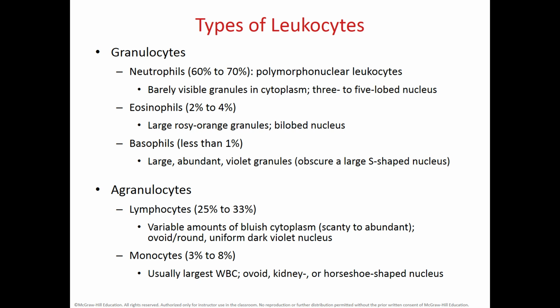So the lymphocytes are very easy to identify because it's more nucleus than cytoplasm under the microscope. Now the monocytes, which make between 3 to 8%, are the other type of agranulocytes. They are the largest white blood cells, and they have an ovoid, kidney, or horseshoe-shaped nucleus. The monocytes will be precursors of the big eater cells that we call macrophages.